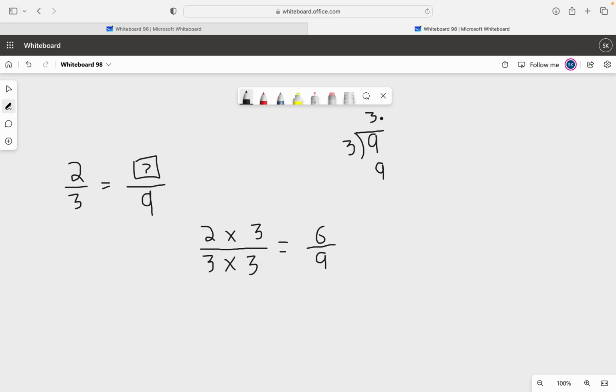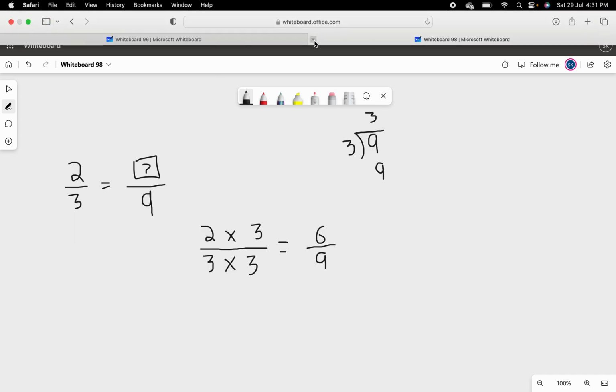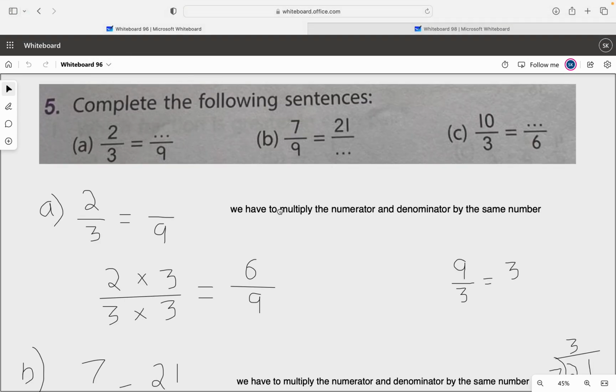You get the answer and multiply both the numerator and denominator by it, to get the missing number. Okay. Now let's get back here. So this is what I have done. It's 6 by 9.